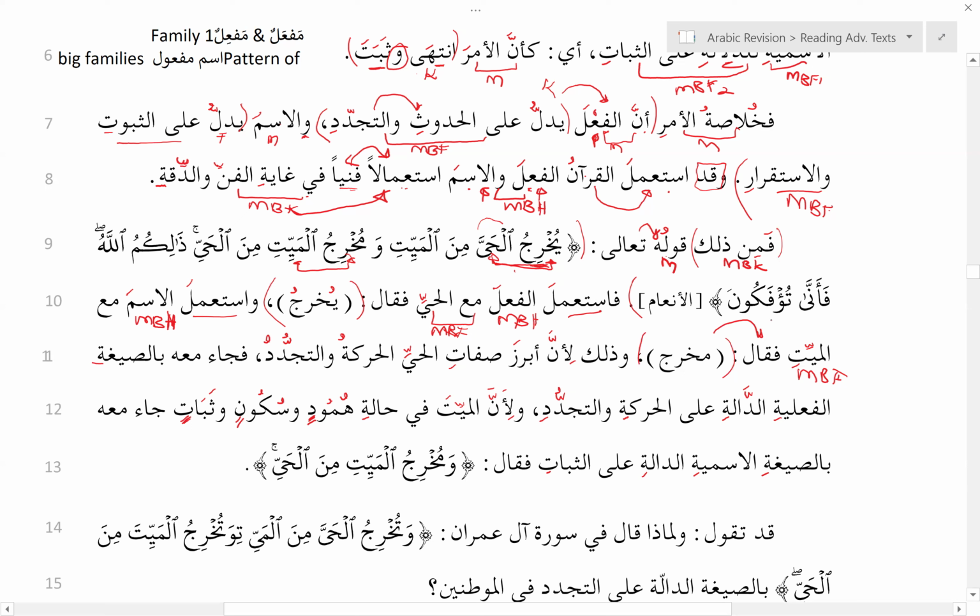Alhamdulillah. All right. Then we have وذلك لأن أبرز صفات الحي الحركة والتجدد. So وذلك, this is our first رفع, so this is going to be our مبتدأ. And then whatever comes after it is going to be our خبر. So ذلك, this is the beginning of our خبر.